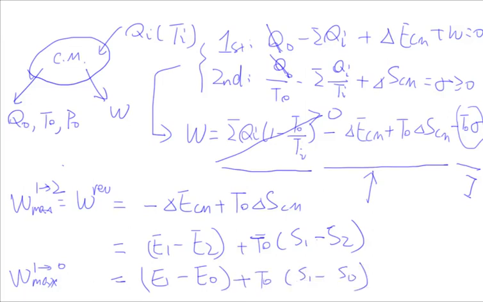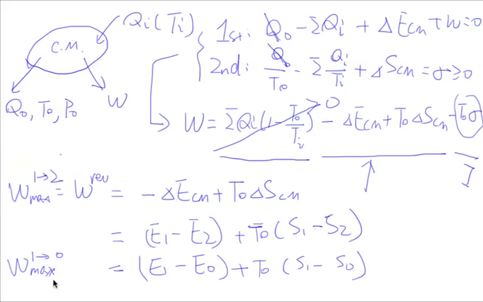So that's the maximum amount of work we can extract from the system when there's no heat transfer and when we bring the system to the environmental conditions during a reversible process.